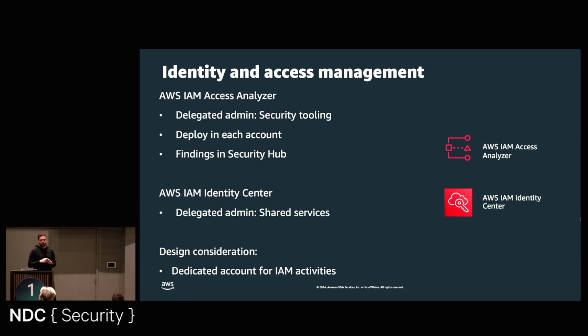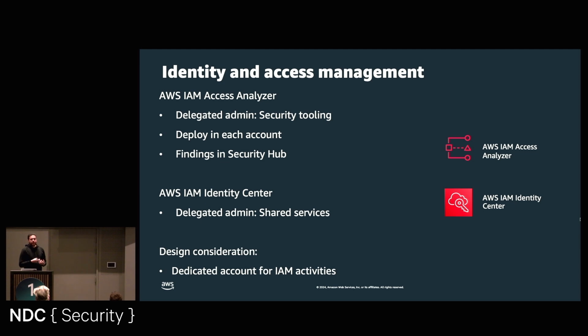The second service is AWS IAM Identity Center, which is another AWS service that can help you to manage your identities at scale, while also integrating and federating with third-party identity management solutions, such as Okta, Microsoft Active Directory, or Microsoft Entra ID, formerly known as Azure AD.